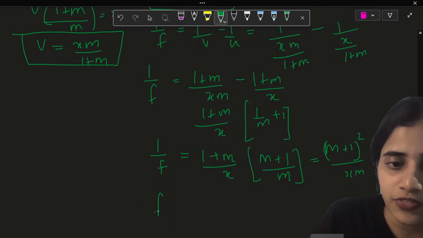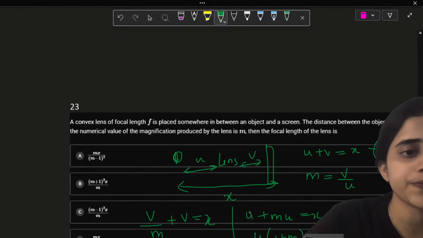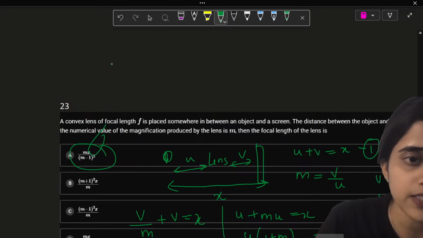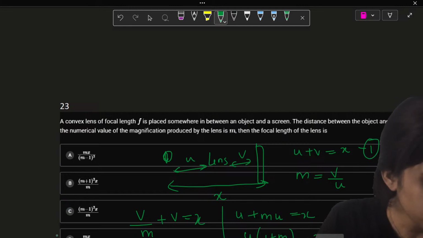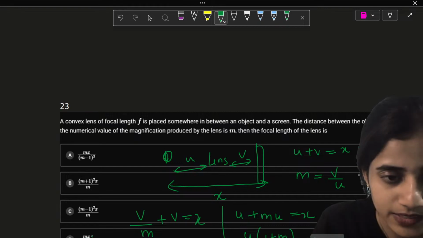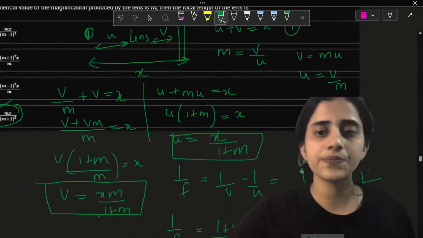This is 1 by f. So f would be mx by m plus 1 square. Okay?